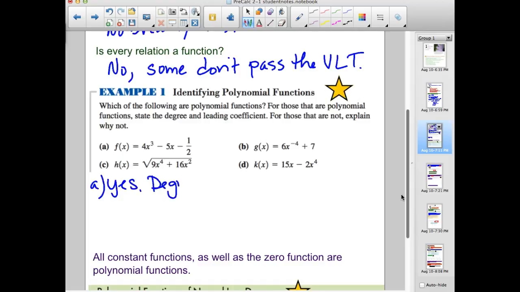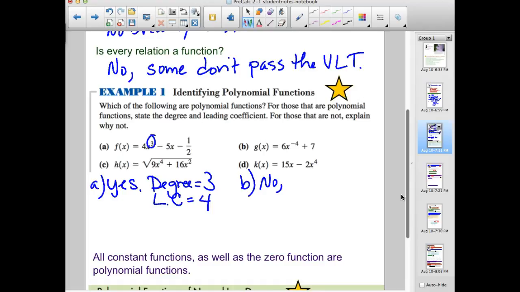What is its degree? 3? Okay, highest power. And leading coefficient? Is that 4? Yep. It's the number in front of your highest powered piece. Okay. How about for B? Is B a polynomial? No, why not?